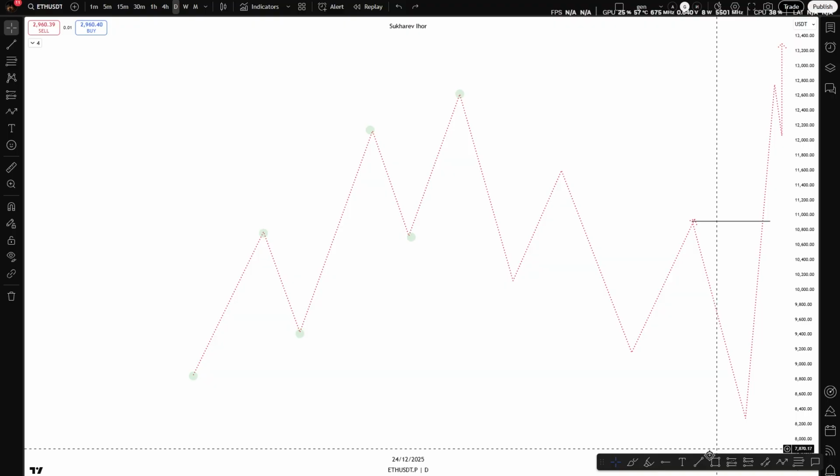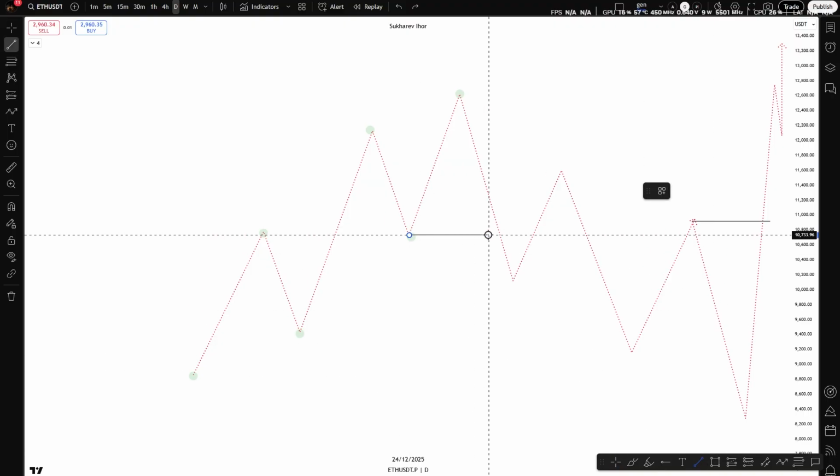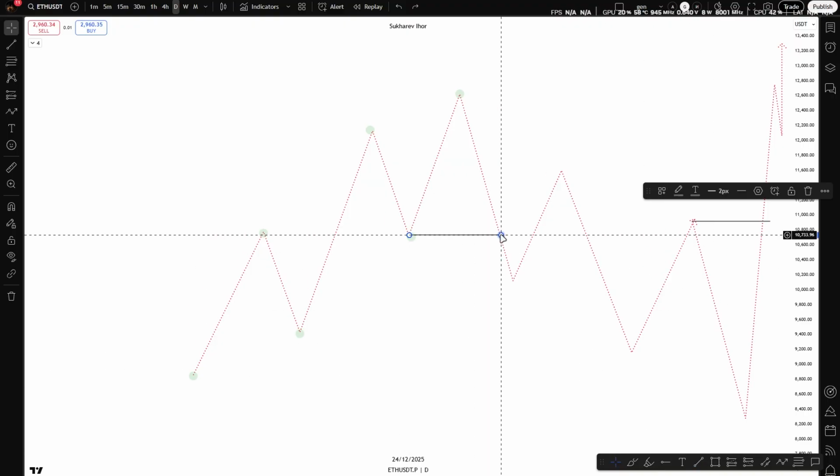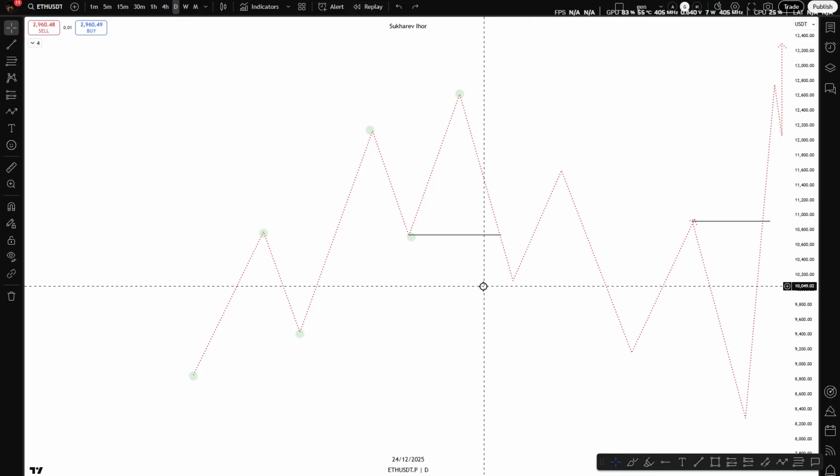Boom, broke it here, boom, break of structure here. So guys, just remember, uptrend, breakdown of the last low indicating the market change. In a downtrend, this is a breakdown of the last high. That's very important, and it's basically the only thing you need to keep in mind.